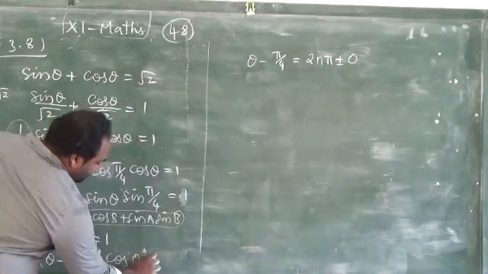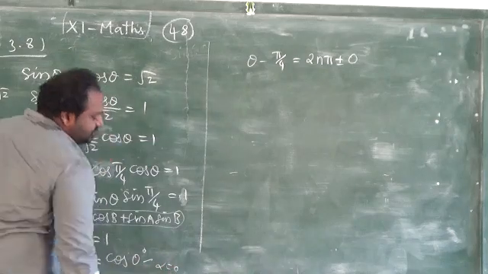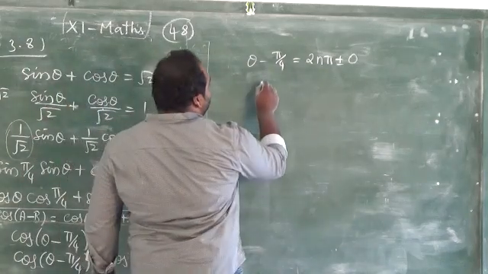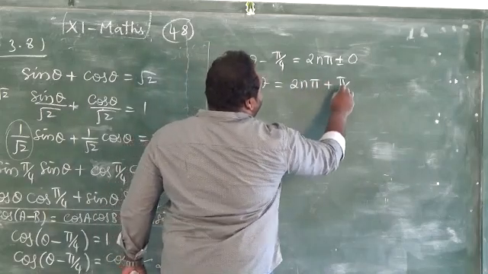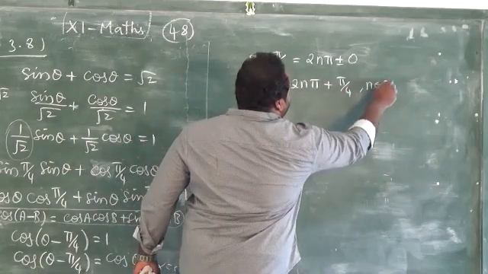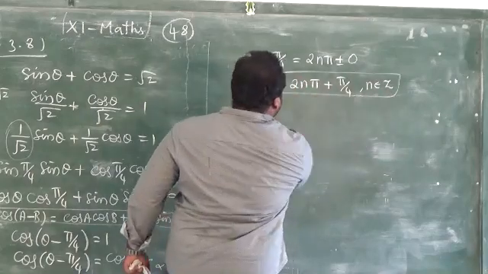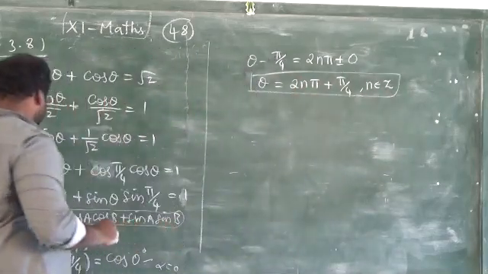This degree value is always alpha. Alpha is 0. So theta is equal to 2n pi plus pi by 4, n belongs to Z. So this is the answer for question number 6.